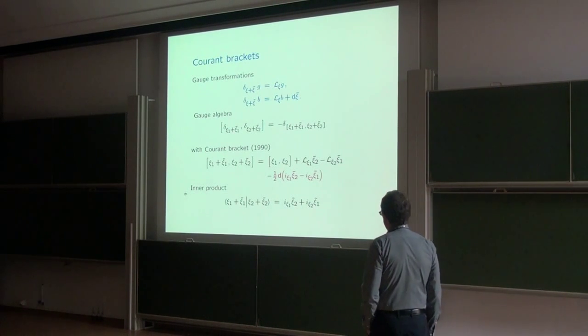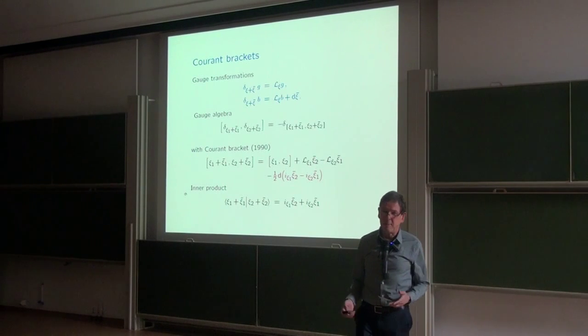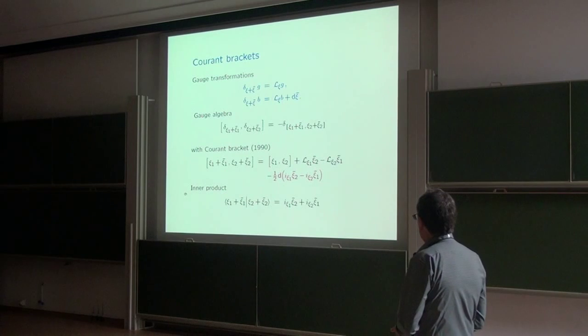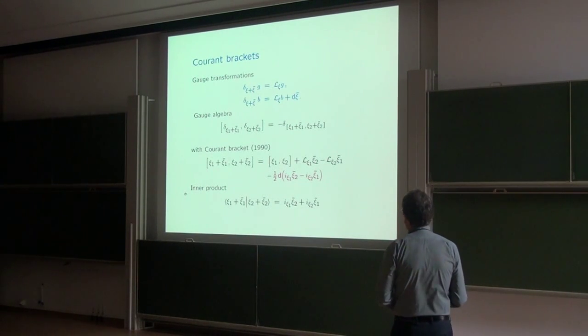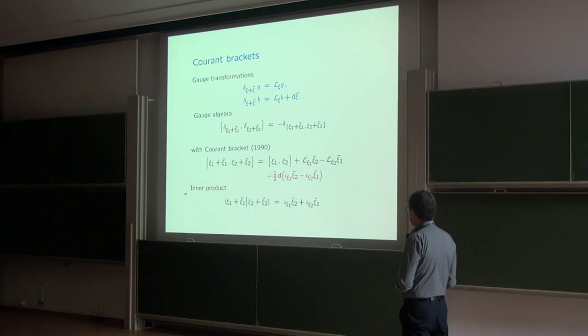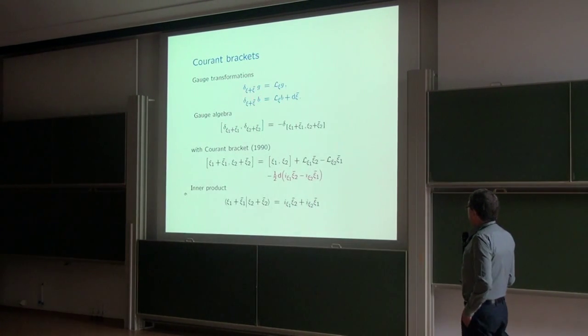So let's begin with the first point that appears in this subject, something called Courant brackets. Courant brackets are a very surprising structure that generalize Lie brackets, and they're relevant when you have a theory with a metric and an antisymmetric tensor field.